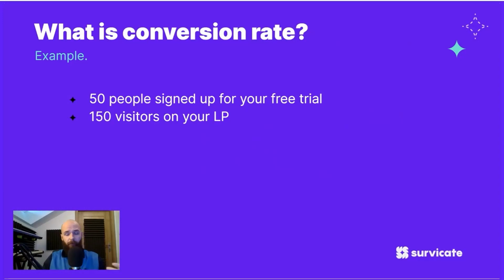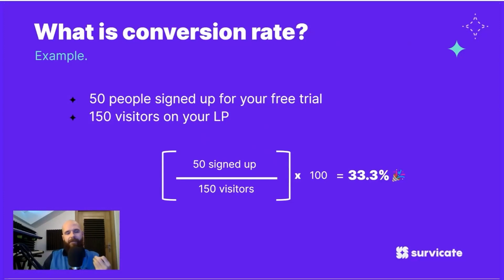So 50 people signed up, but we had 150 visitors. So we divide 50 by 150 and multiply that by 100. And if we've done the math correctly, our conversion rate in this instance would come out to 33.3%. That's all there is to it.